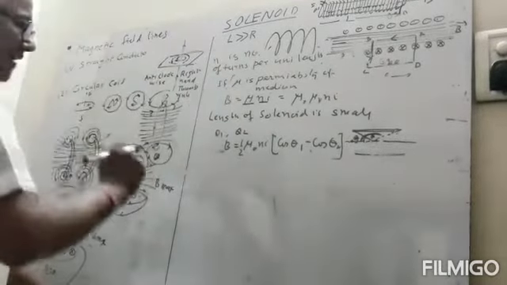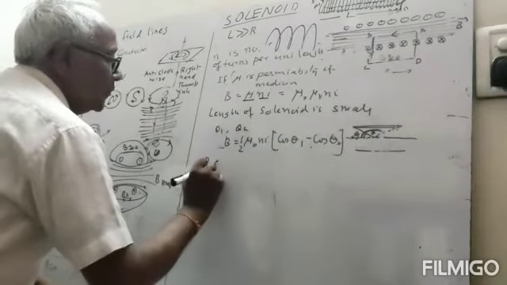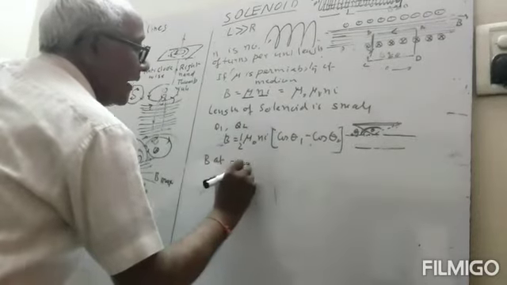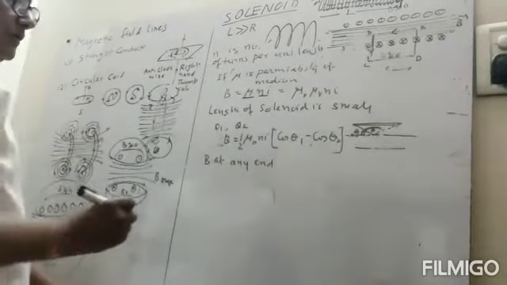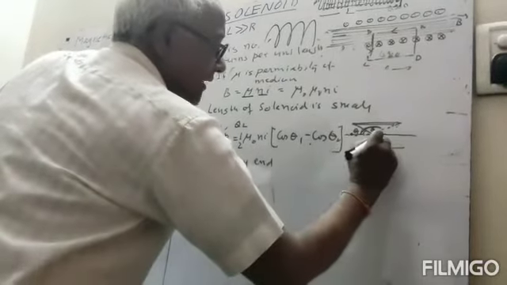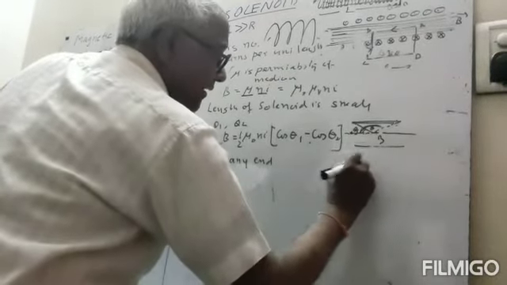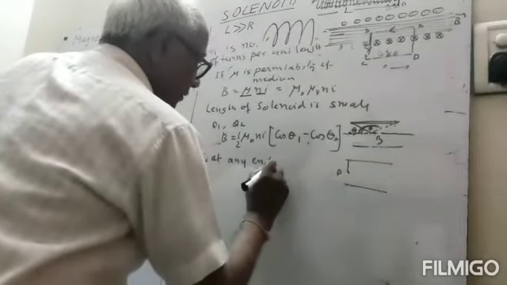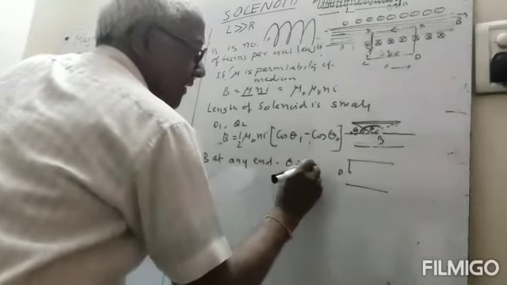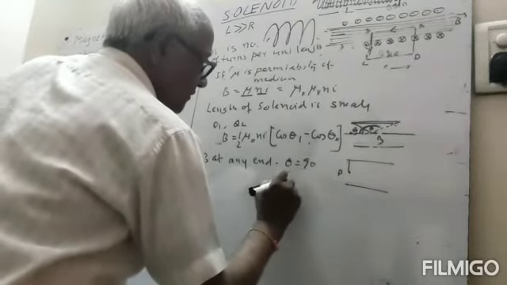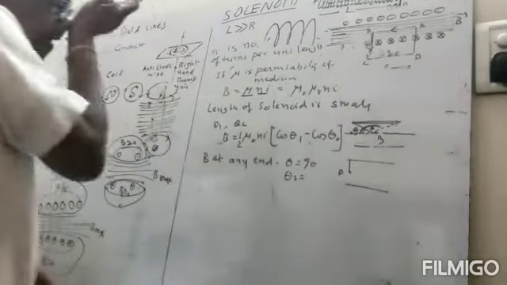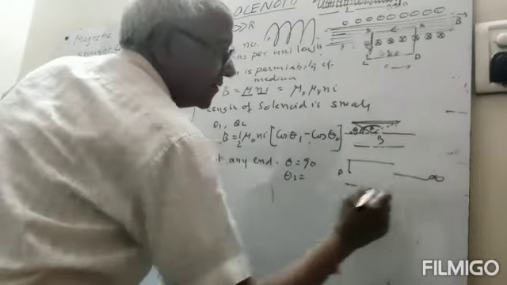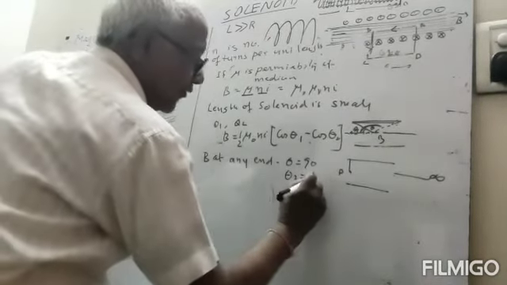If we want to find the magnetic field at any end, suppose at this end, this is B at center. Now if we want to find B at this end, this angle theta 1 will be equal to 90, and theta 2, extended to infinity, will be 180.